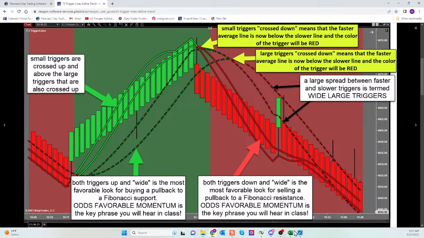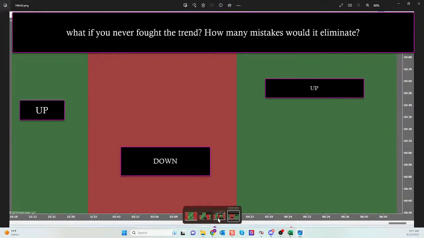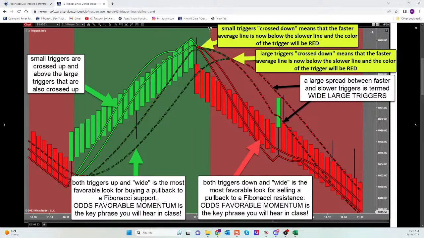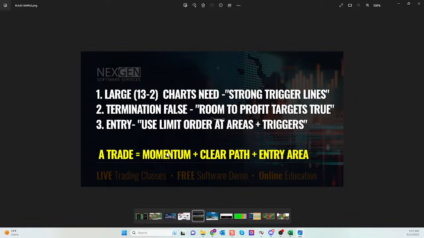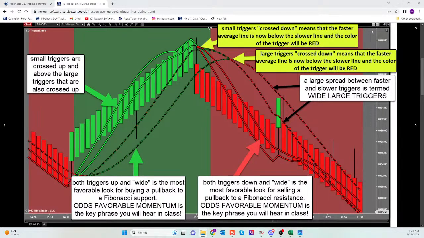So rule number 1, when it's met, when those triggers are strong, I have the advantage of momentum. I have a market that's likely to continue in the direction of the trend. The first part of the equation has been met. One third of my rules are fulfilled with strong triggers.